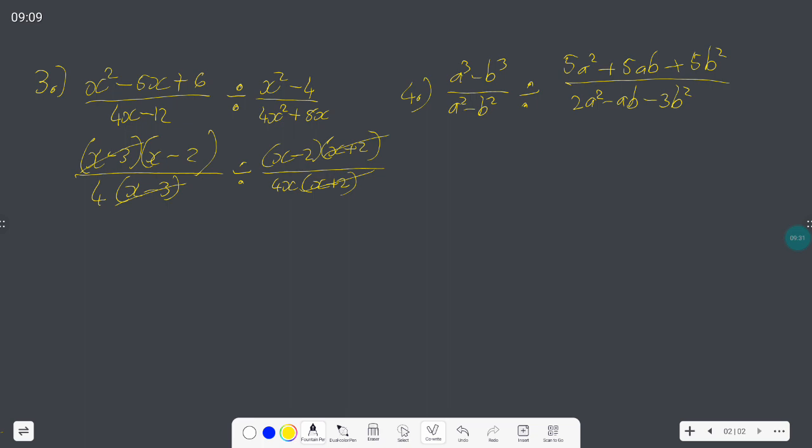Okay. Now, I told you about reciprocal. So here I will be left with x minus 2 divided by 4. But what will happen on that side? I have to swap. So it changes to a multiplication and my numerator becomes my denominator.